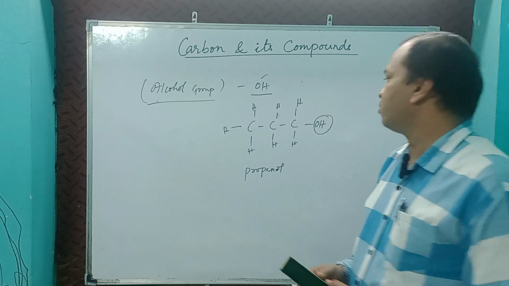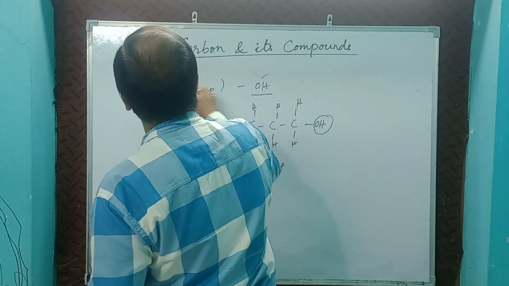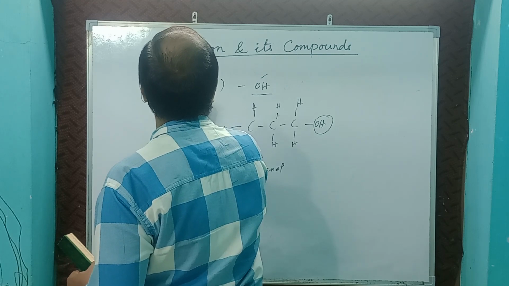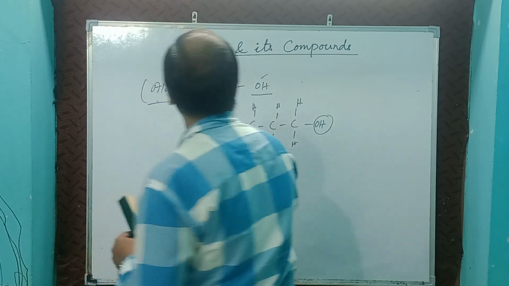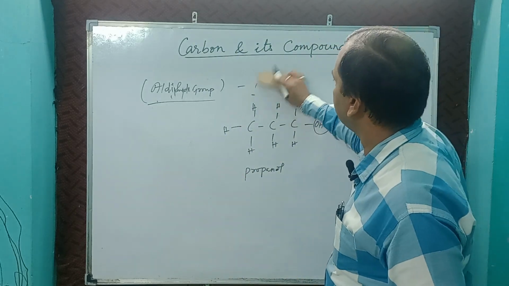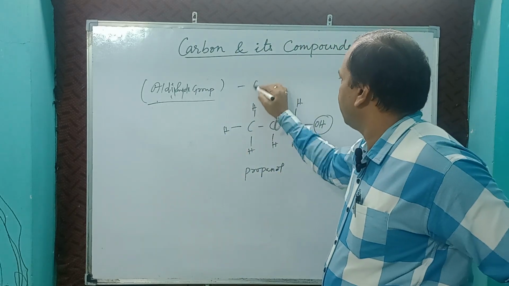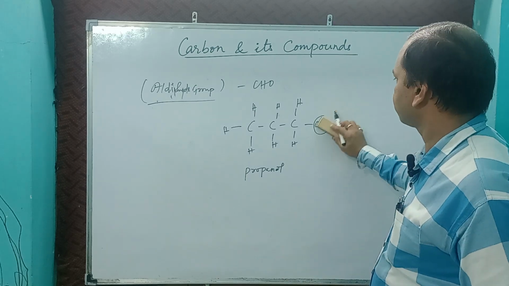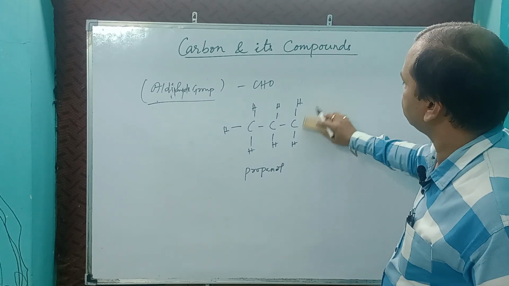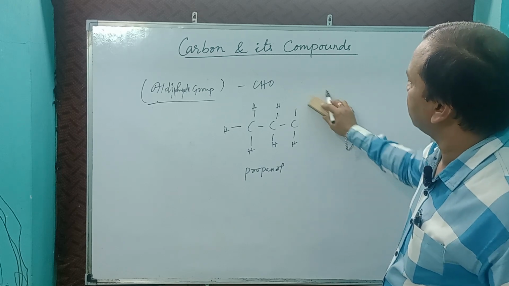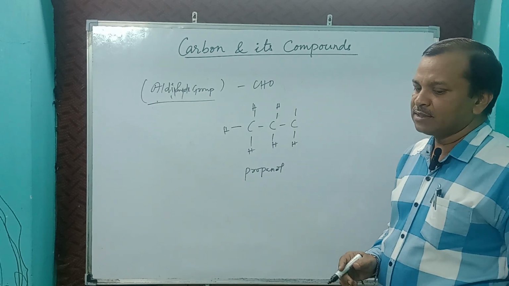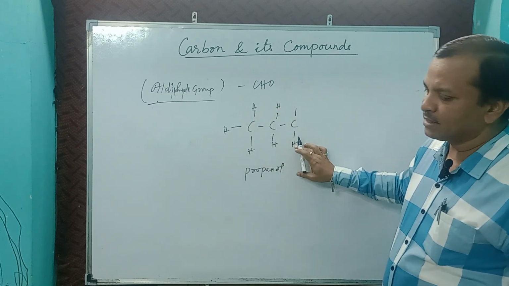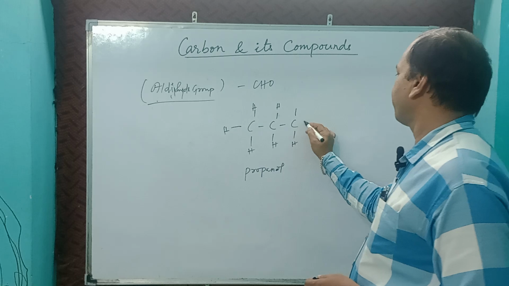Next one is the aldehyde group. In the aldehyde group, it is CHO. Look here, there are carbons 1, 2, 3.